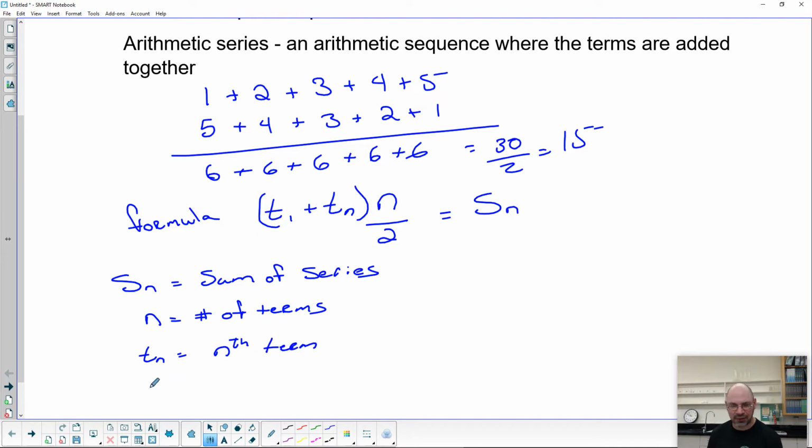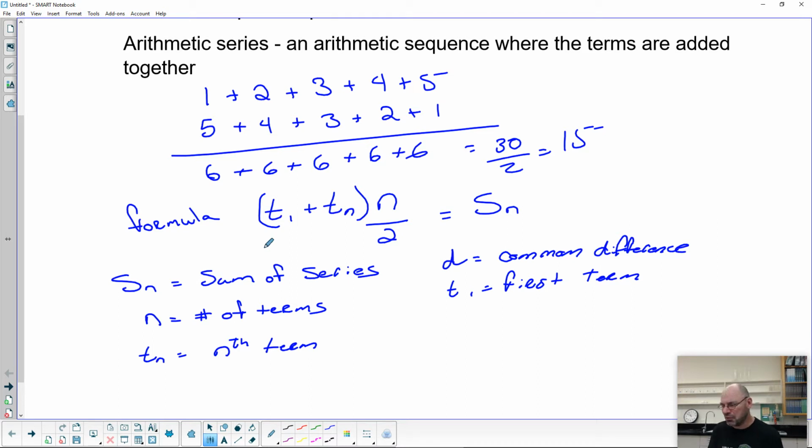And then we have d. We don't have to know d for this particular formula, but we're going to add in the common difference to get a second formula. And T1 is the first term. So Gauss came up with this formula right here.